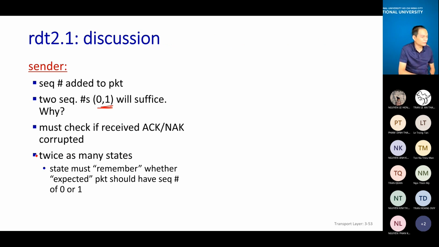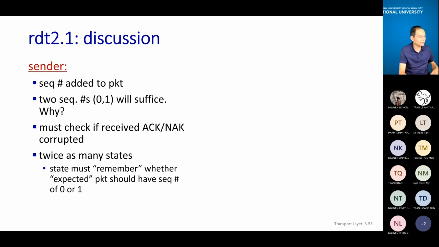So you see that with this scenario, when we're dealing with just simply out-of-order or duplicate messages, we have twice as many steps. For example, before we only had 1 step, and now we have 4 steps at the sender and 2 steps at the receiver. So the protocol becomes pretty complex already.